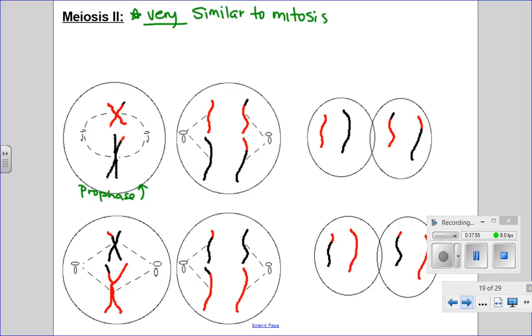Prophase of meiosis 2 and prophase of mitosis don't really look that different. You have your nuclear membrane decomposing, you have chromosomes being visible. I would say the only time you could tell that you were for sure in meiosis 2 just by a picture is if you can see evidence of crossing over. That's the only thing I have that tells me that this is meiosis 2 and not mitosis.